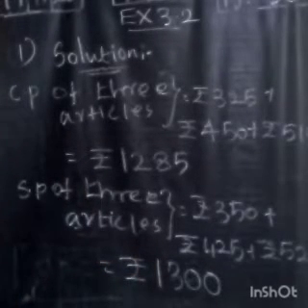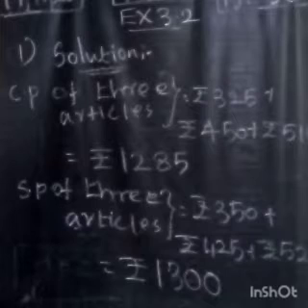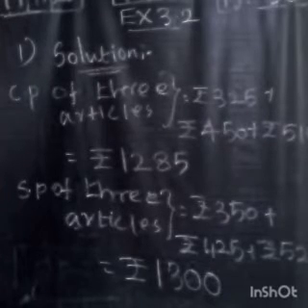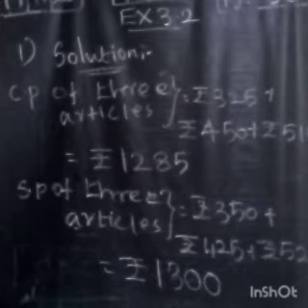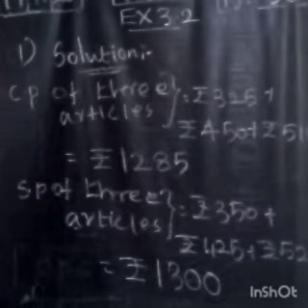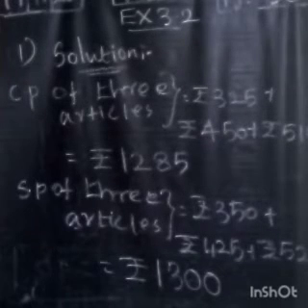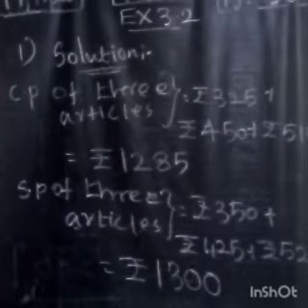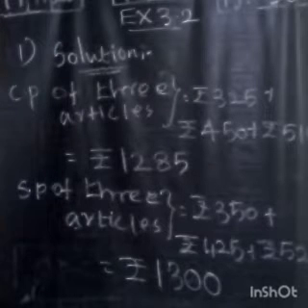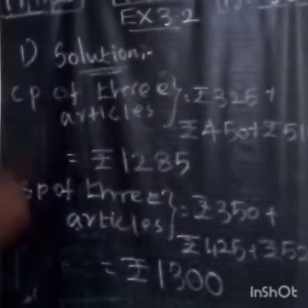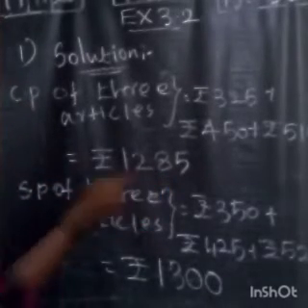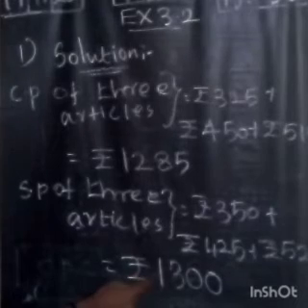So selling price of three articles is rupees 1300. What do we have to find? Find the gain or loss to the shopkeeper on the whole. Here gain is a similar word for profit. First, compare the cost price and the selling price. Cost price value is 1285, selling price value is 1300.